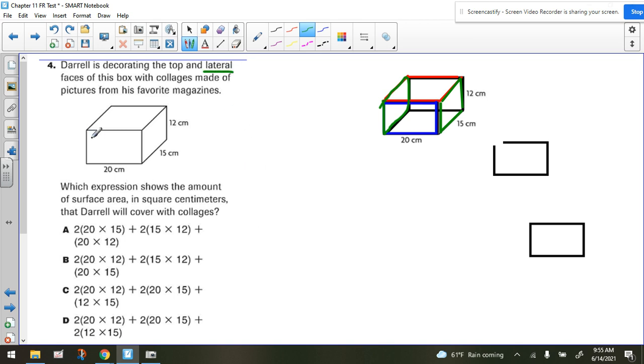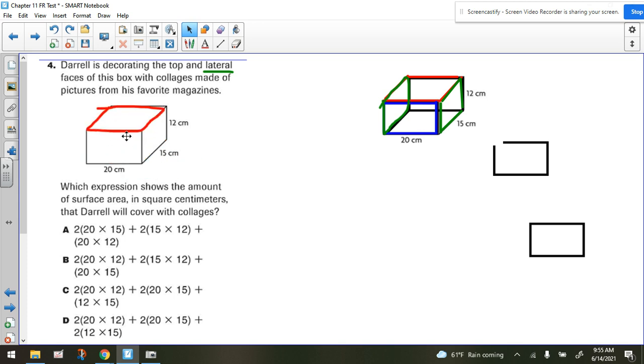Lateral means the faces on the side of the thing, because the top and the bottom would be considered the bases. And if we focus on just the top, that's this piece right here. This piece is the top. And if we were finding the surface area of the entire thing, then we'd be talking about doing the bottom as well. But the bottom is not going to be decorated.